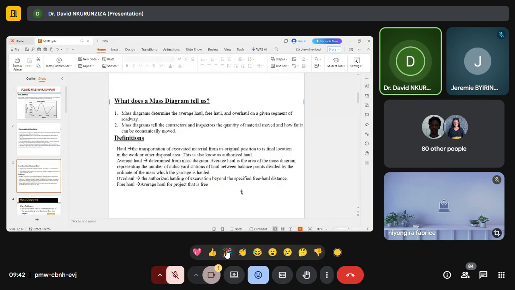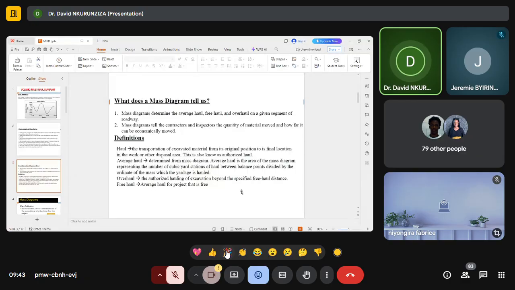Once you are required to deal with a road construction project and you have to fill, please guys, pay attention. Fill means you need to raise up the road. You need to cross, for example, a wetland, or some section which is very low, and then you want to raise it up. If you want to raise it up, you will fill.